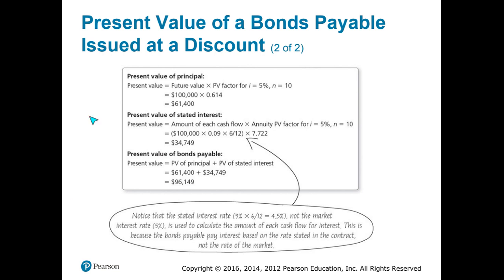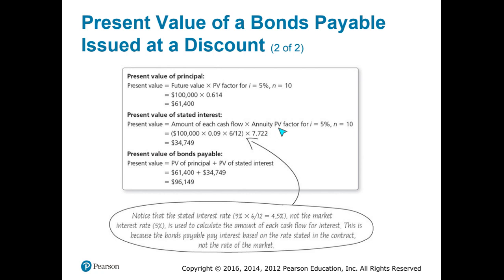Present value of stated interest. The present value equals the amount of each cash flow times the annuity present value factor for the interest rate of 5% and the number of periods of 10.